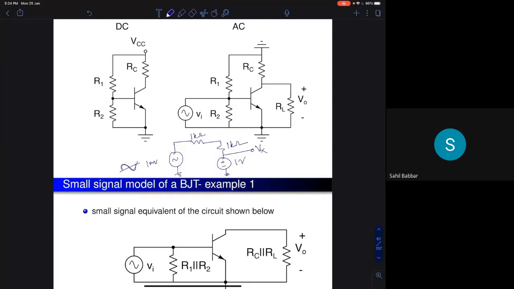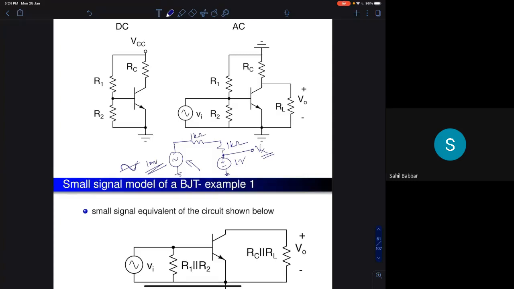That node voltage Vx is independent of whatever I apply here. The AC voltage source is 1 millivolt, but because of the voltage of a DC source, it is independent of whatever I apply. It will always be staying at Vx. So now, whenever you are given a circuit which contains both AC sources and DC sources, we apply the principle of superposition and analyze the circuit.